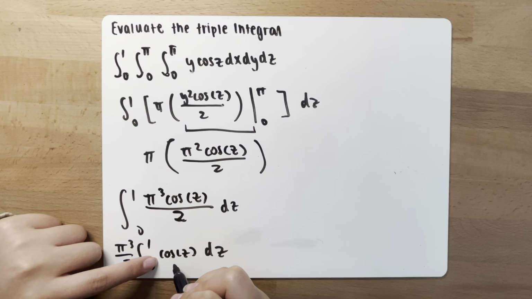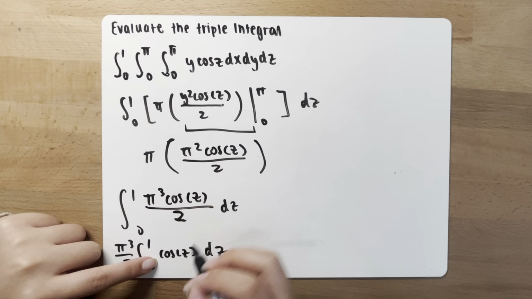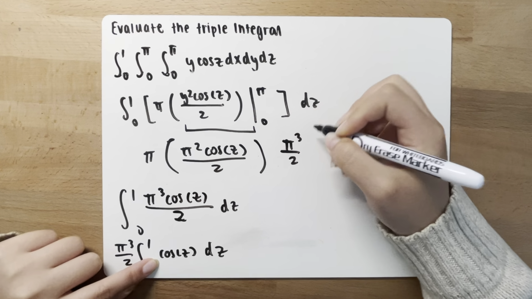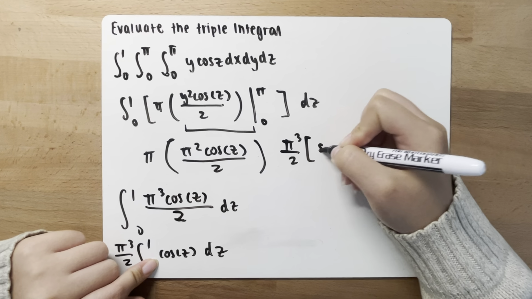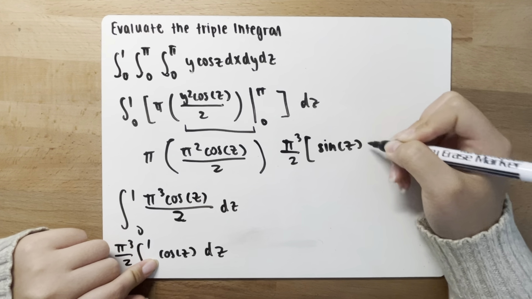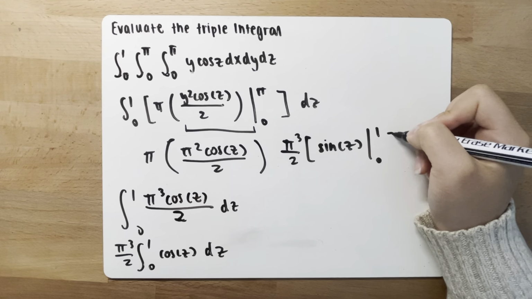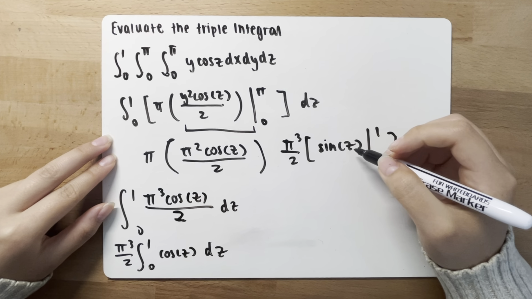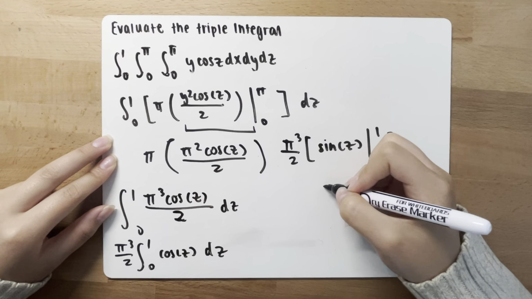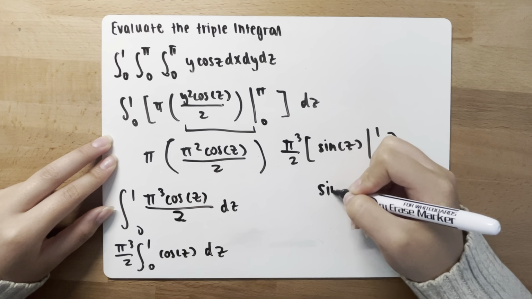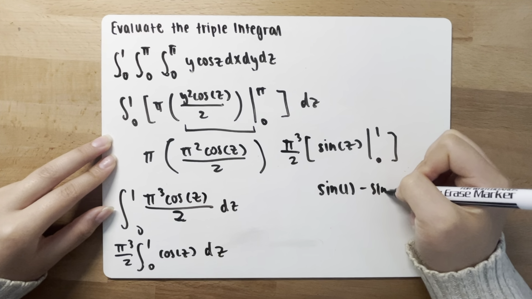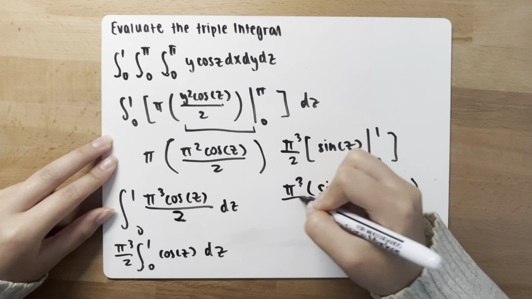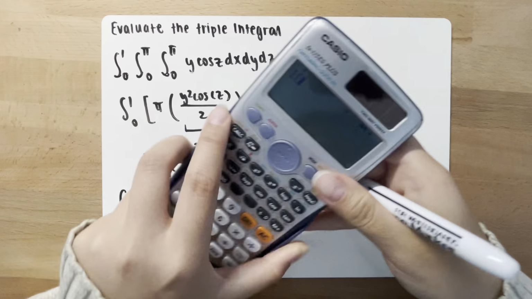The integral of cosine is sine, therefore you have pi cubed over 2 times sine z from the boundaries 0 to 1. If you evaluate sine z with the boundary 0 to 1, you are going to have sine 1 minus sine 0, times pi cubed over 2.